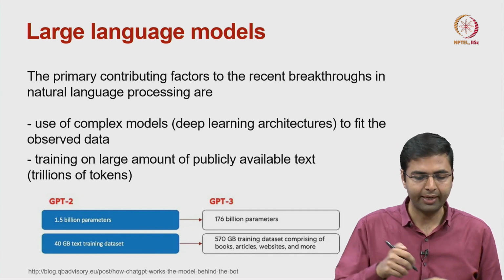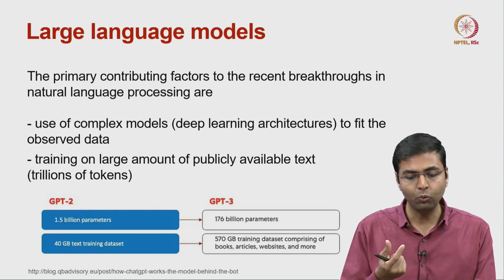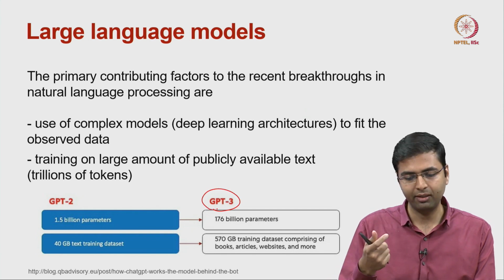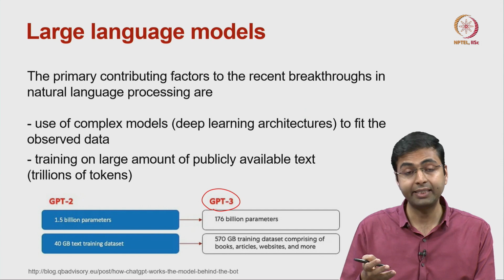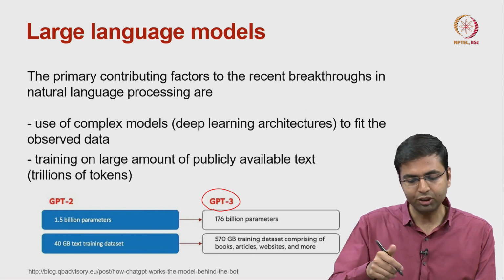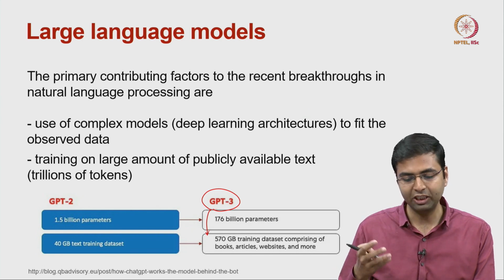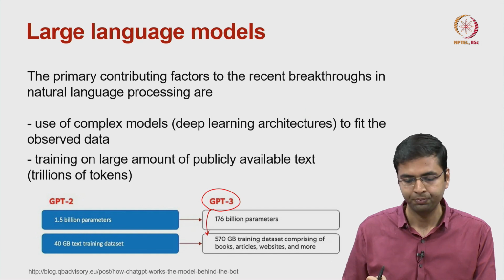As an example, shown below is a comparison between GPT-2 and GPT-3 models. You can see that GPT-3 is an extremely bigger deep learning model compared to GPT-2. GPT-3 has 176 billion parameters, making it a very huge model, and it was trained on a large data corpus of 570 GB comprising books, articles, websites and more.